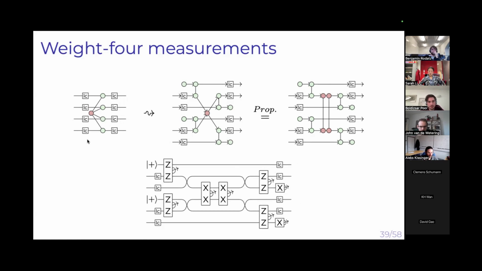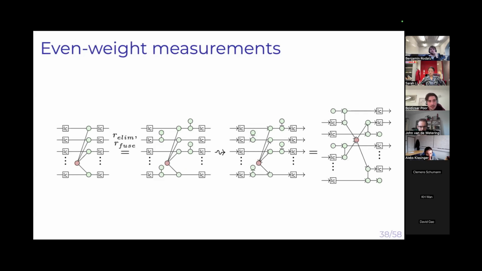So we came from the 422 code to this code, and this was all done using distance preserving rewrites. So the distance must be the same. So this is a 622 code. But the weight of each measurement is much smaller than here.